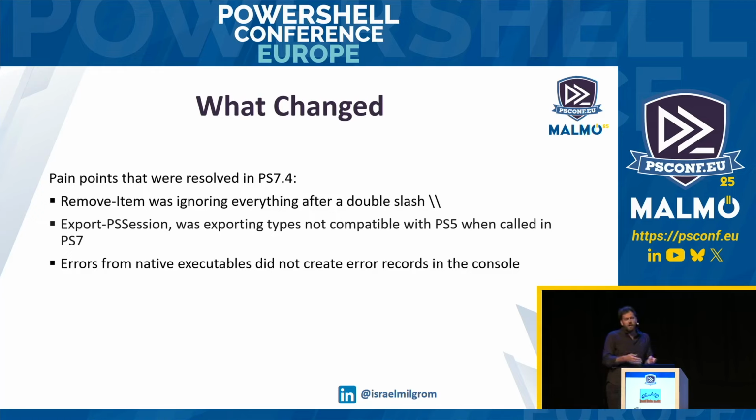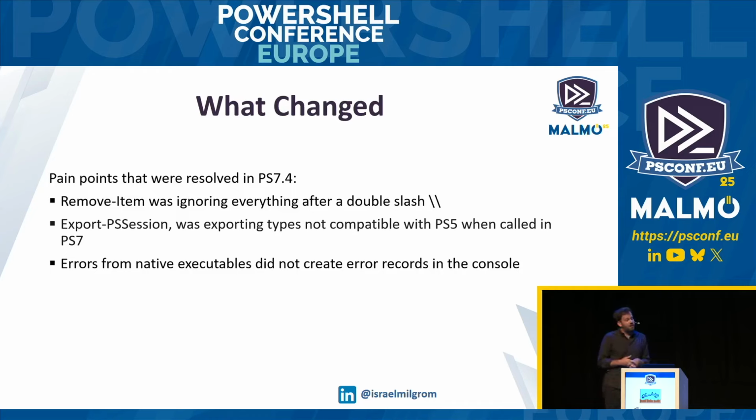If you ran that command, maybe against a GA module, or maybe just against a PS session, and you exported that to disk, it would create type annotations that would only be compatible with PowerShell 7. Basically, no backward compatibility to PowerShell 5, which, as you migrate from version 5 to version 7, could be a little challenging.